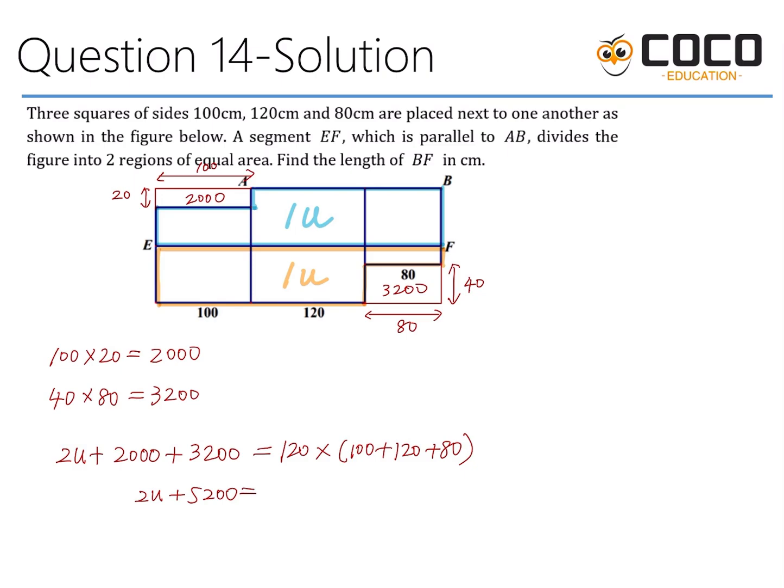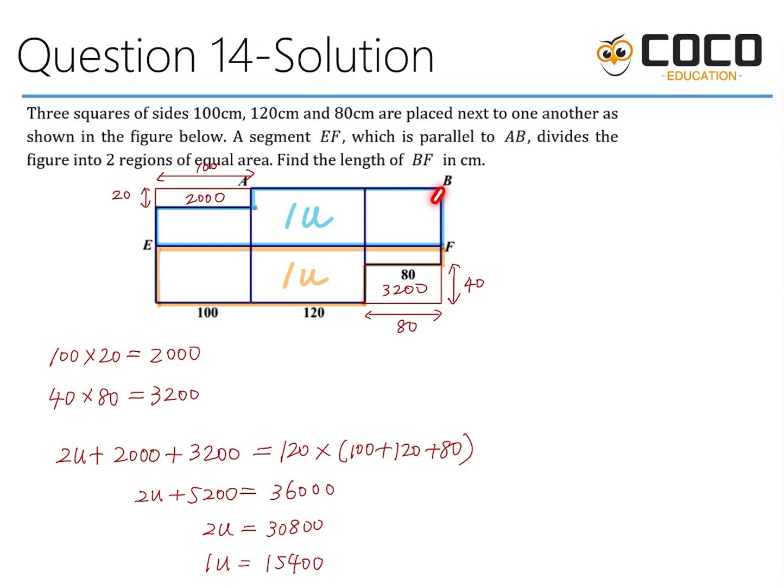On the right hand side is 120 times, this is 300. So we get 36000. Find the difference here. So that's 30800 divided by 2. The 1U is 15400.